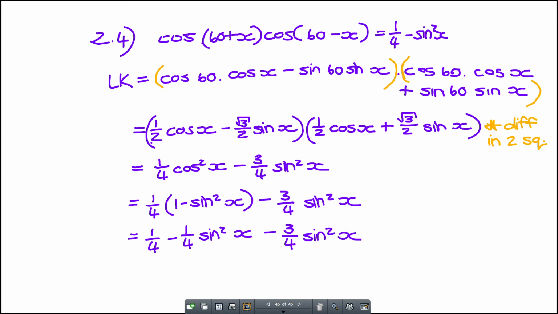So minus a quarter minus 3/4 will give me minus 1 sin squared x.